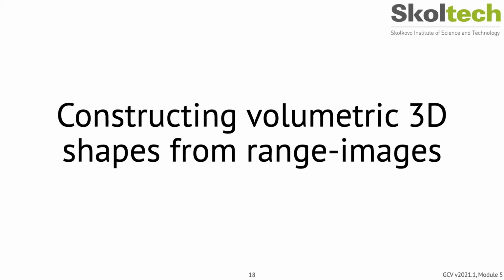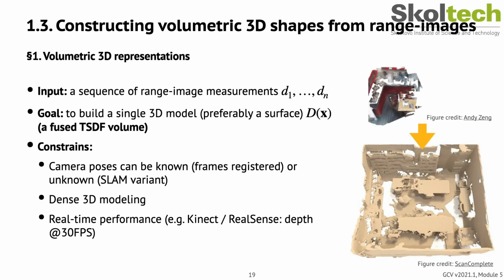Let us further study how one can obtain volumetric 3D shape representation using a series of depth images, also known as depth fusion. When constructing occupancy grids or volumetric TSDF using techniques such as voxelization or space carving, it's kind of trivial to do.